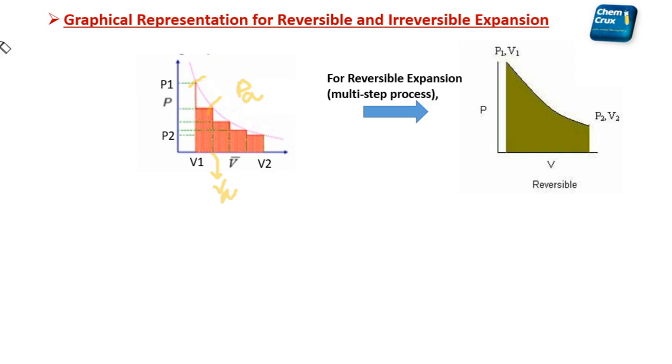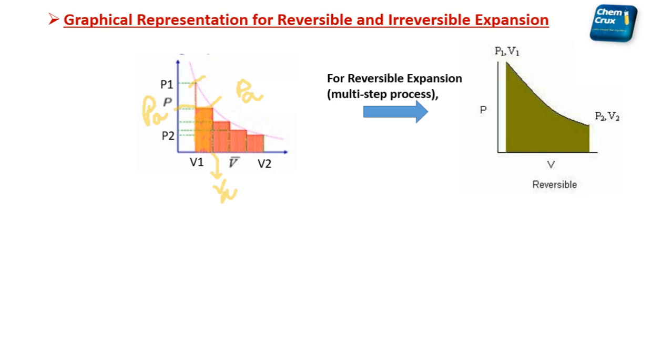Now work done is equal to volume change against the final pressure of that step. For the first step, what is the final pressure? PA. So this is PA, right? And this is the change in volume from V1 to VA. So what will be the work done? Work done will be this region, that is the volume change against the final pressure PA, right?